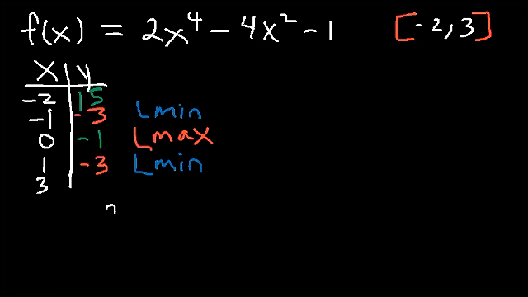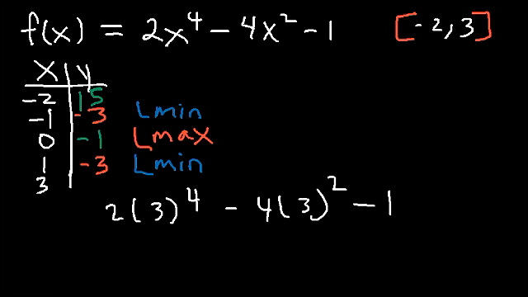And at 3, it's going to be 2 times 3 to the fourth minus 4 times 3 squared minus 1. 3 to the fourth is 81, times 2, that's 162. 3 squared is 9, times 4, that's 36. And 162 minus 36, that's 126, minus 1. So you get a value of 125.